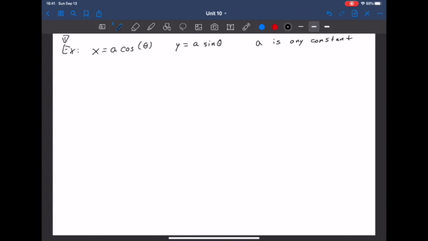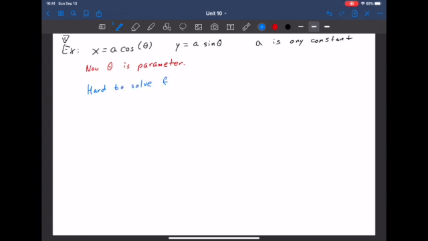First thing you might notice is in this case, now theta is the parameter. And that's totally okay. We don't have to have t as a parameter. The second thing you might notice is it's also hard to solve for theta.